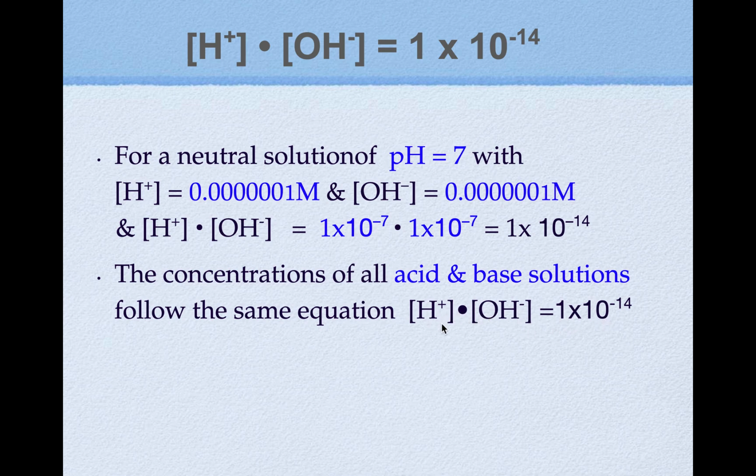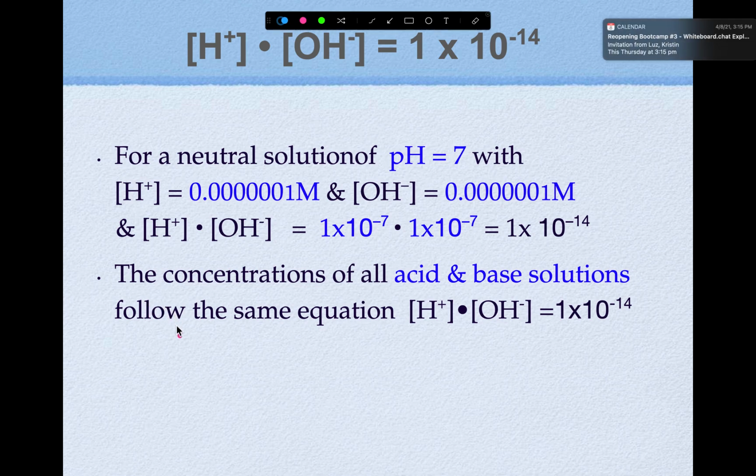No matter what, as the H+ increases and increases, then my OH- would go down, and they would go up and down in such a way as to still equal this number. And vice versa, maybe OH- goes up and my H+ goes down, and again, the result would be the same product, 1 times 10 to the -14.